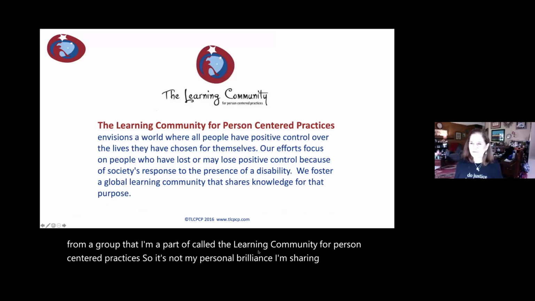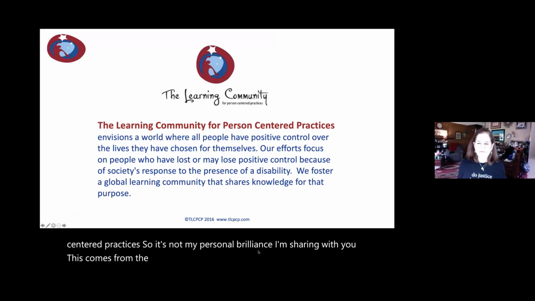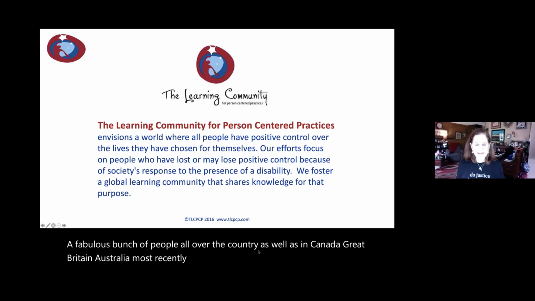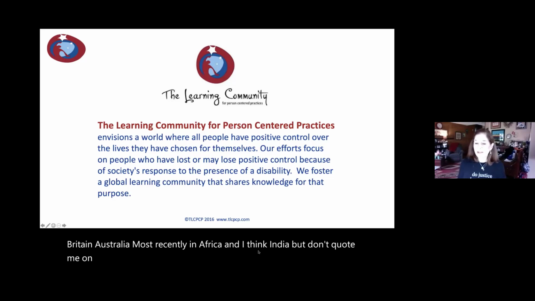This comes from the work of a fabulous bunch of people all over the country, as well as in Canada, Great Britain, Australia, most recently in Africa, and I think India, but don't quote me on that. Anyway, it's all about helping people have positive control over the lives that they want for themselves, regardless of the disability.